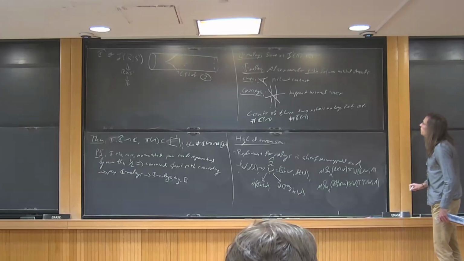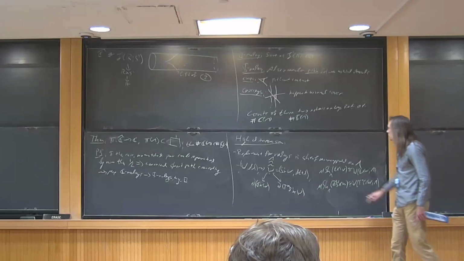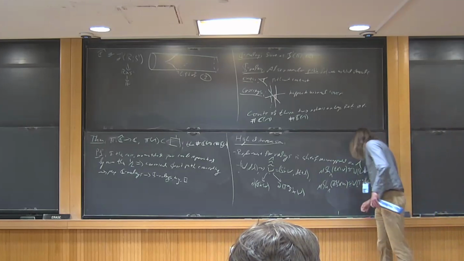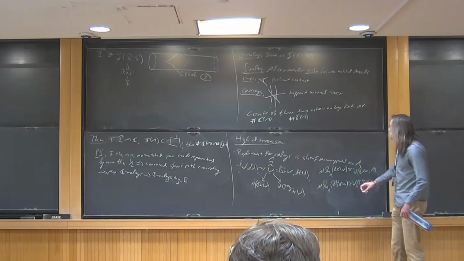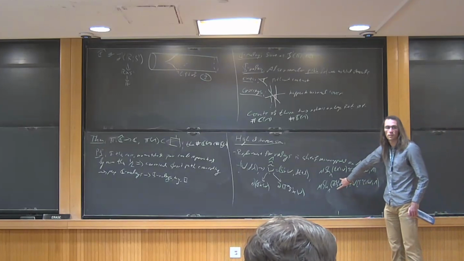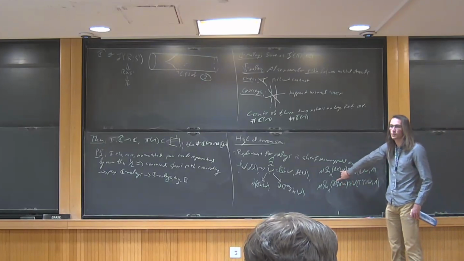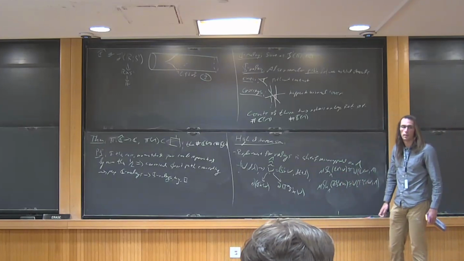Okay, so now inside here, oops, that's gone forever. There are some distinguished subcategories which consist of the objects which are sort of simple on lambda.